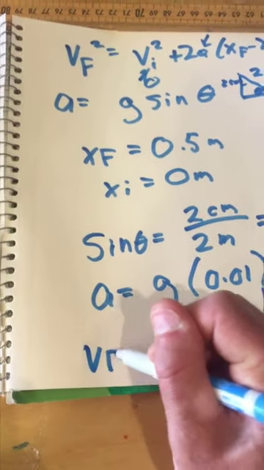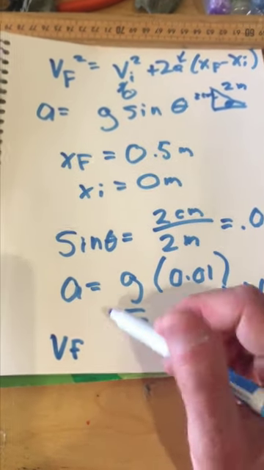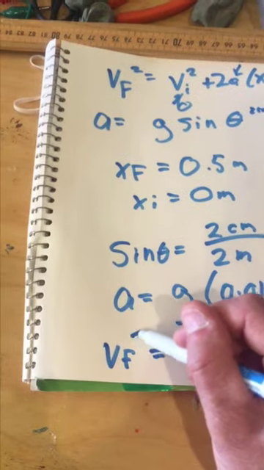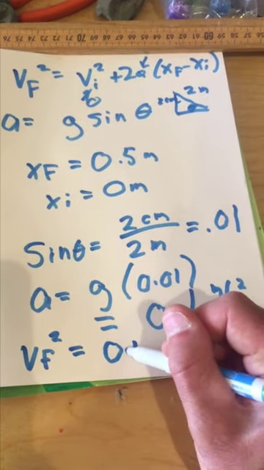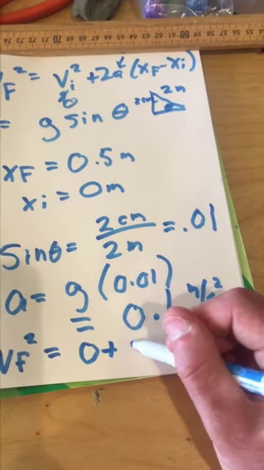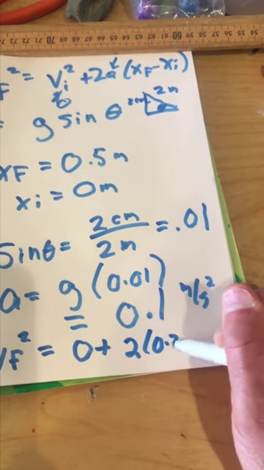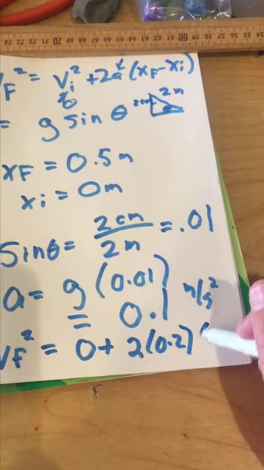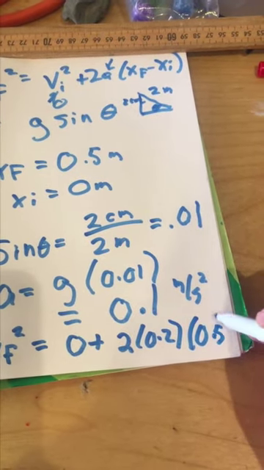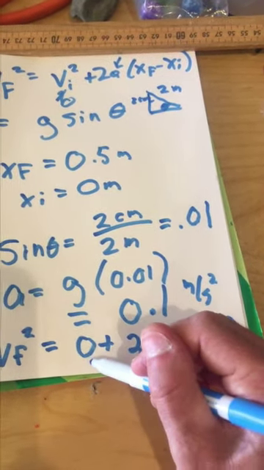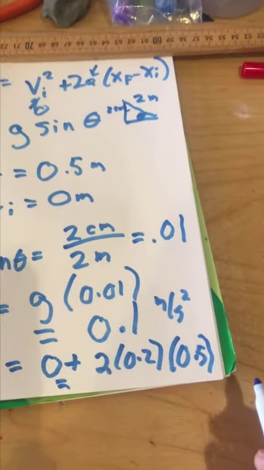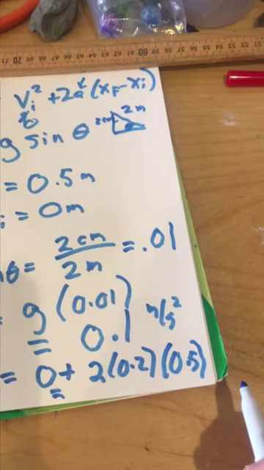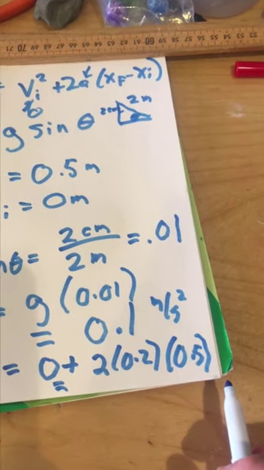My final velocity squared is equal to 0 plus 2 times a, times the distance I moved down the track, which is 0.5. Let me see if I get this right.